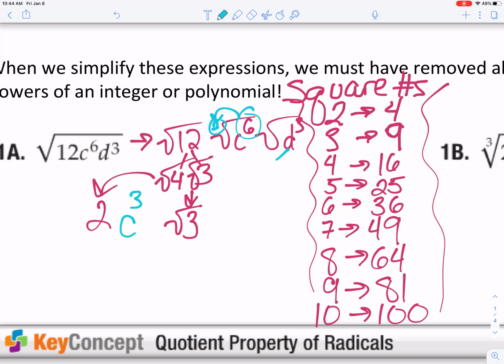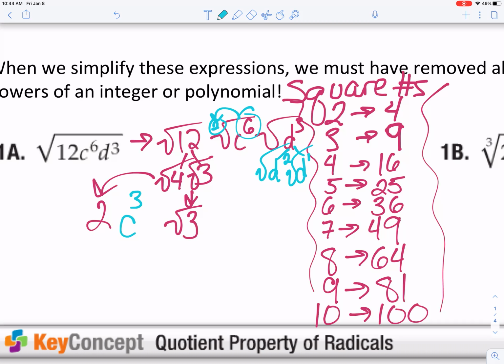Now the d is where things are going to be a little more interesting, because 3 divided by 2 is not a nice happy number, and I want happy numbers only. So what I'm going to do is recognize that I can split this up to be d squared times d to the first. If I add exponents, that would give me d cubed.